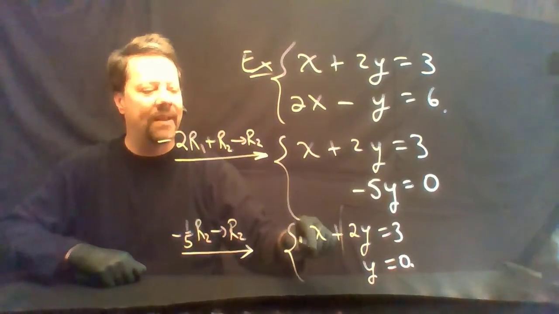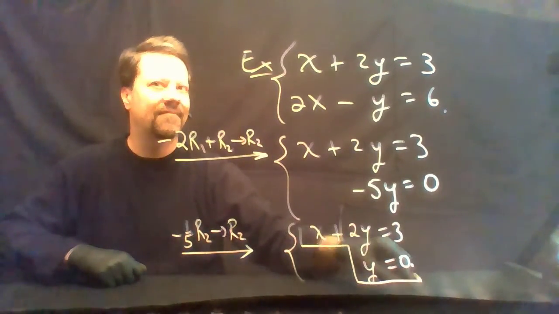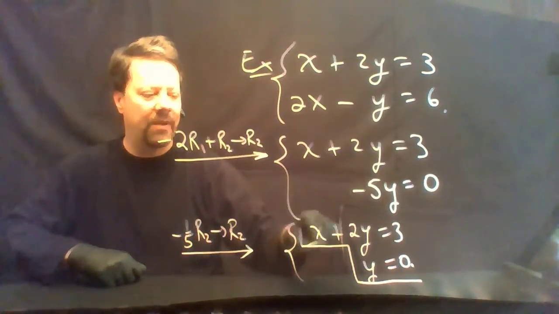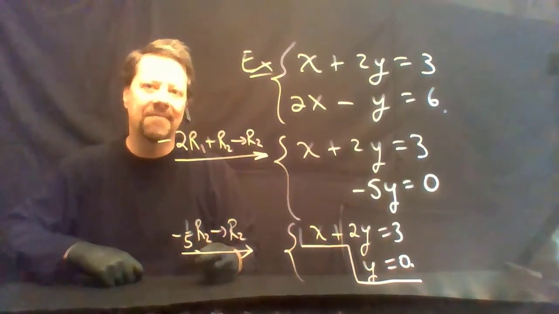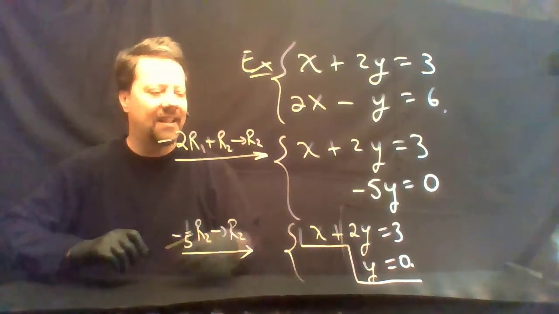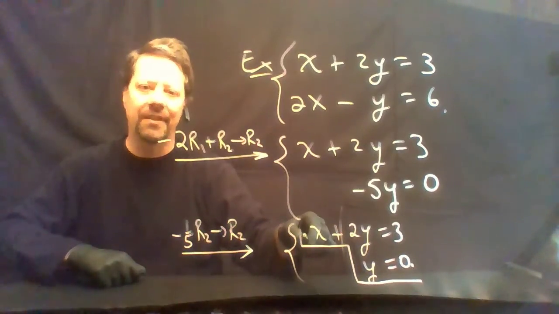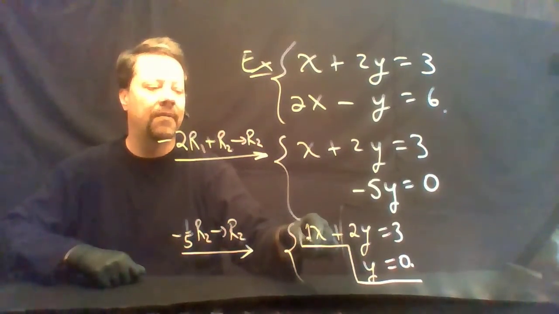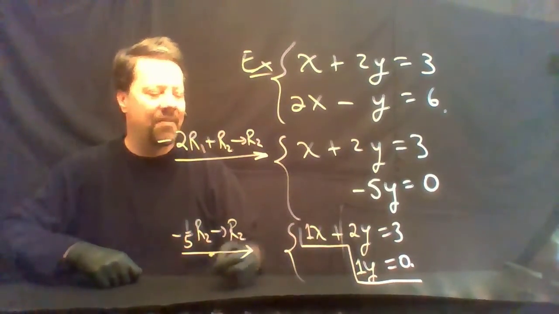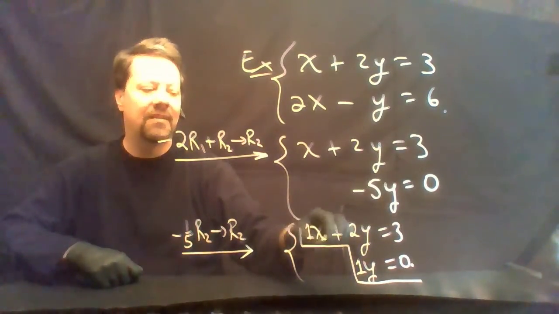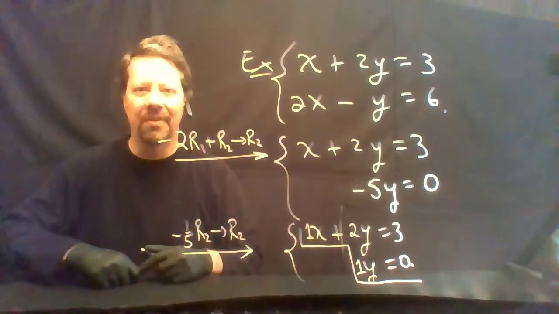We are now in something called row-echelon form. In row-echelon form, we have these little echelons, these little tiers, these little steps. And each step has the first non-zero coefficient equal to 1. Those entries below a leading 1 have coefficients of 0.